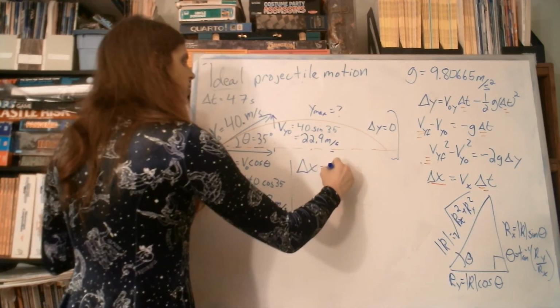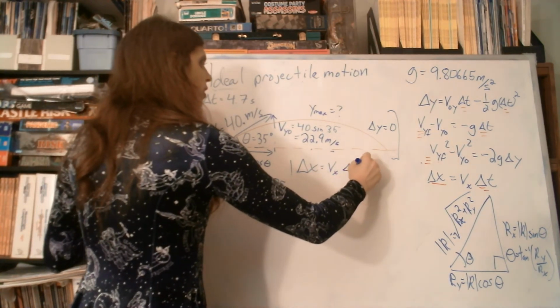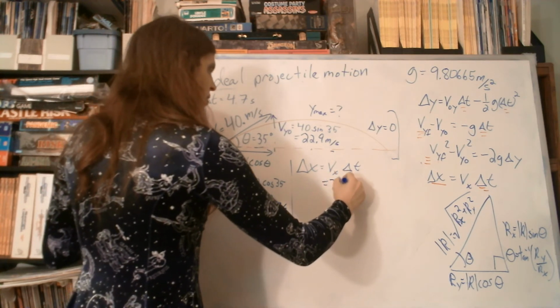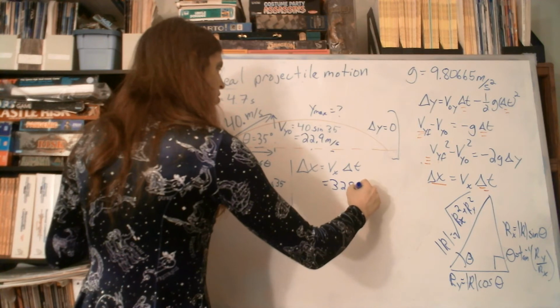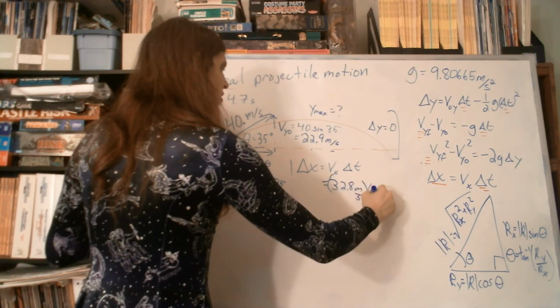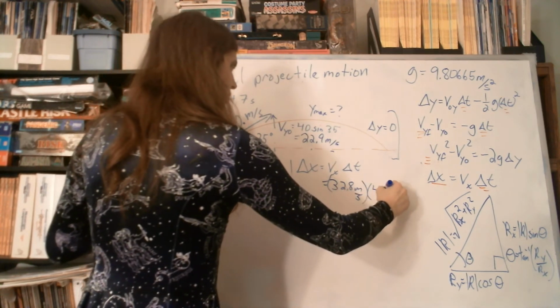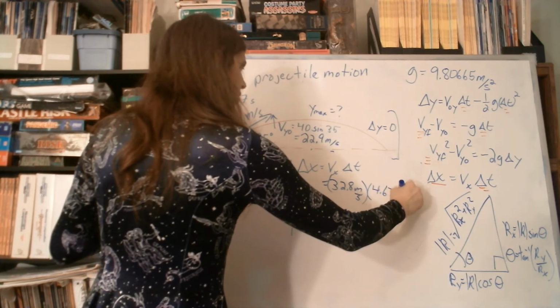So delta x is vx delta t. That was 32.8 meters per second times 4.67 seconds.